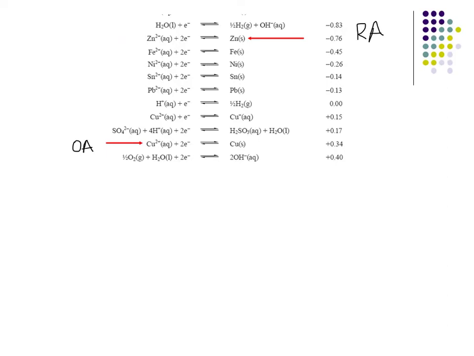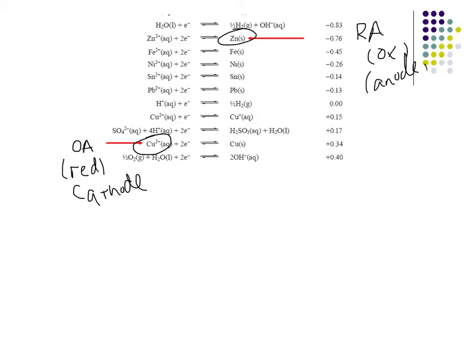Remember, our oxidizing agents undergo reduction, and they're found at the cathode. Reducing agents undergo oxidation. They are found at the anode. So our copper is at the cathode, our zinc is at the anode.